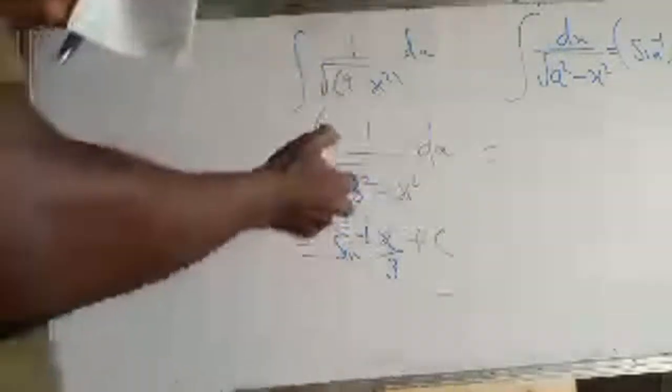Let's solve this quickly. The next one here is number 6: the integral of 1 all over 25 plus x squared dx.